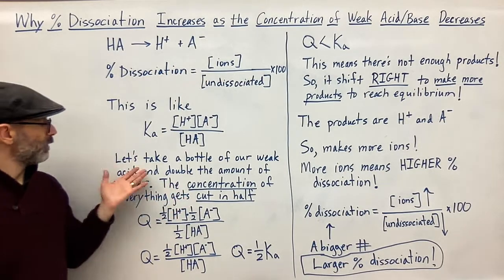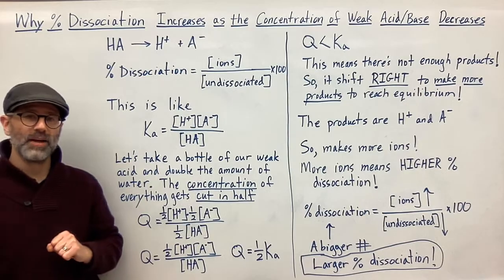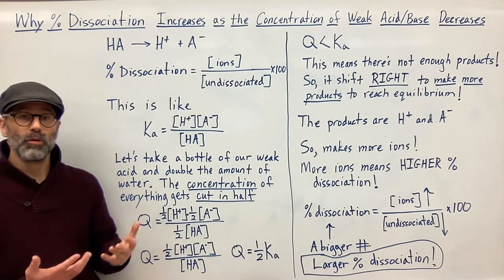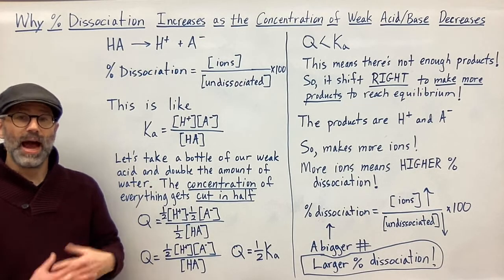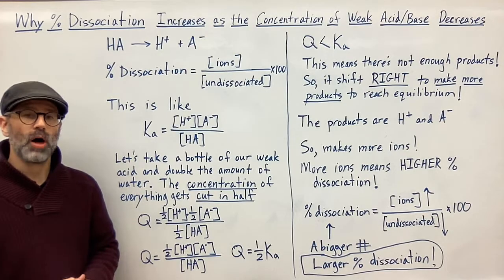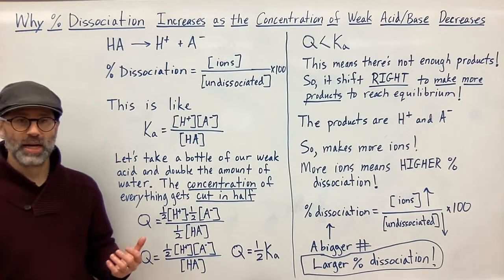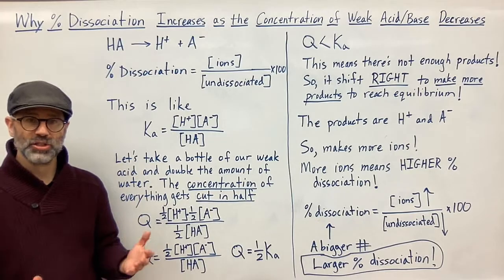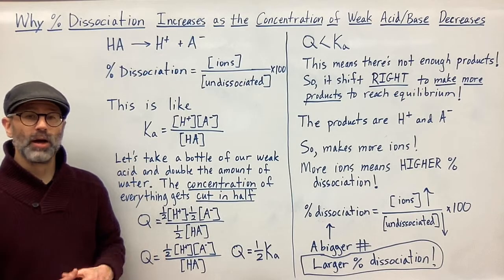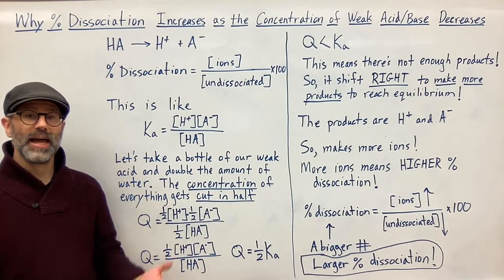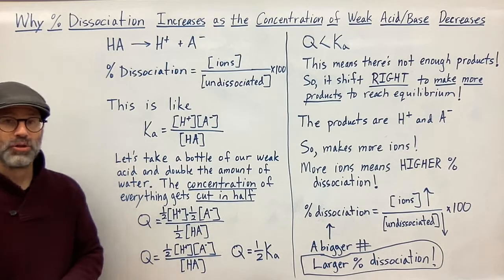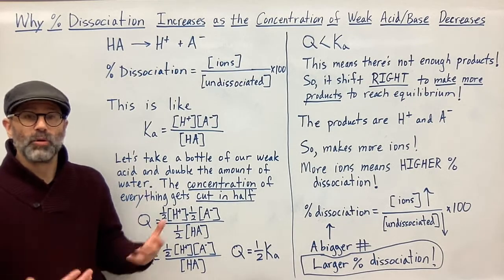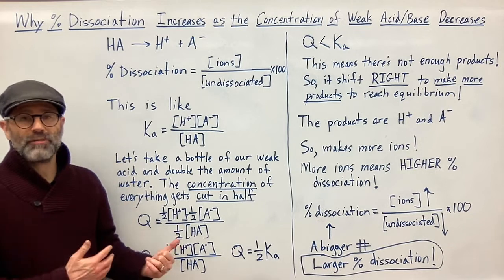So if we take a bottle of our weak acid and then we double the volume by adding a double amount of water, then what happens to the concentration of all the species in the solution? Well, they're going to be cut in half, right? So you double the water, you double the volume, you halve the concentration.